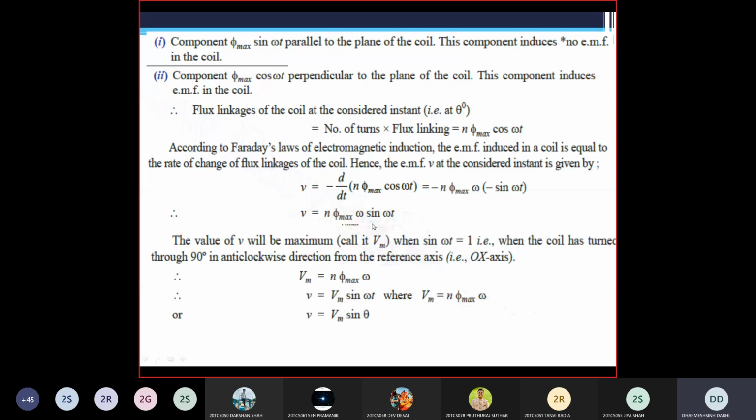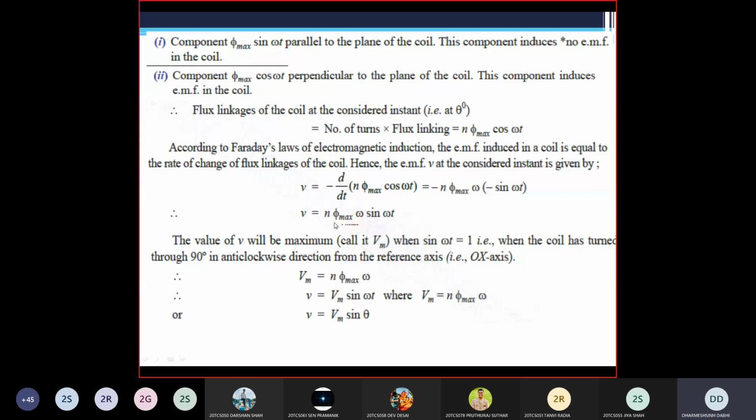Clear? And when does the maximum value of induced voltage happen? V becomes maximum when sine omega t becomes 1. And sine omega t becomes 1 when omega t, or the angle, becomes 90 degrees. Clear? So at omega t equal to 90 degrees you get the maximum voltage, and that maximum voltage Vm is equal to N into phi max into omega, because sine omega t is 1 at 90 degrees.